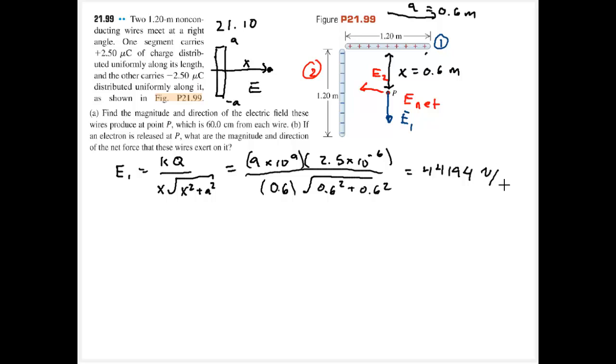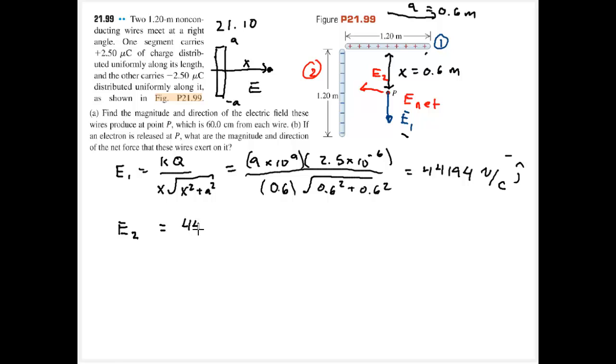44,194 newtons per coulomb, and the direction is in the downward direction, so let's just say the negative j hat direction. Take a look and we can see E2 is going to have the exact same value for charge, just it's negative, and I've already drawn the direction of it.